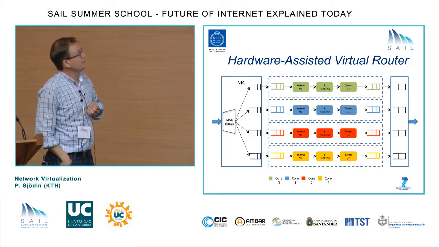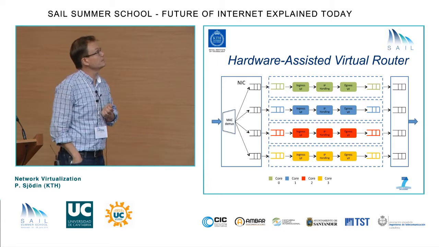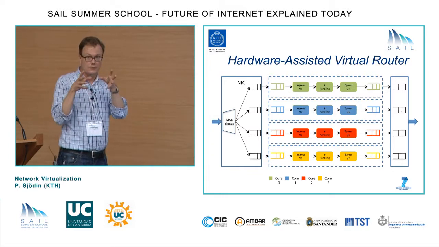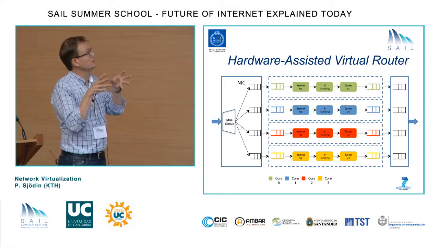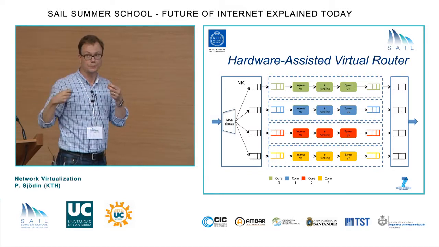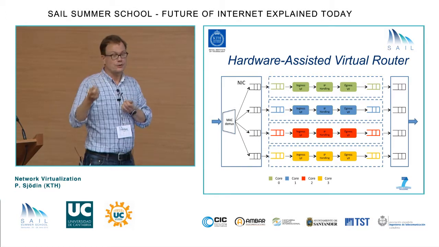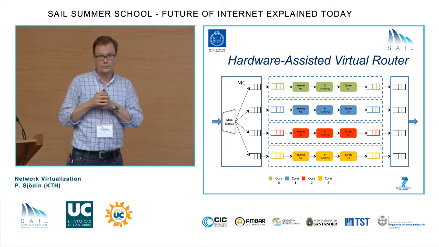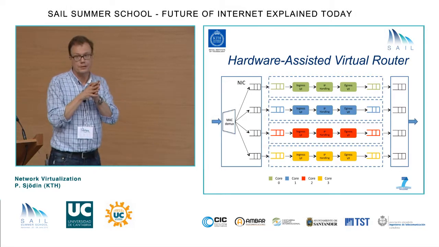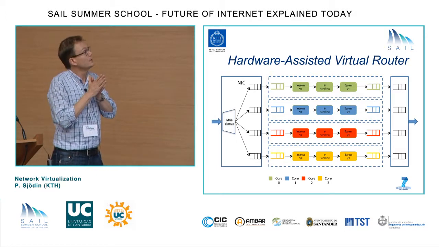So what we finally would like to have is something that looks like this. The packet comes in from the left. The network interface card, the NIC hardware, is going to look at the MAC addresses of the packets that are coming in. And depending on which MAC address it has, it's going to put it in a different incoming queue. From that queue, we will generate an interrupt which goes directly to one of the CPU cores, the core that we have pinned this particular queue to, saying that this is an interrupt that belongs to your particular queue.